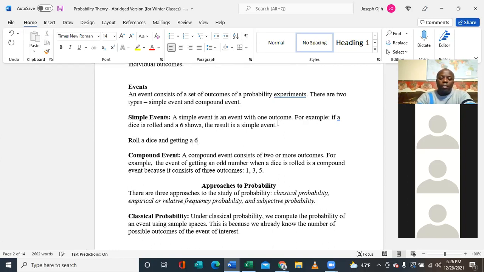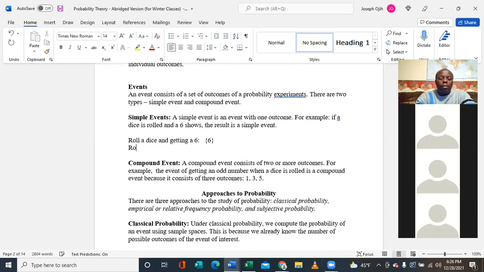So in that case, the event is getting a 6, of which the outcome will be 1. Okay, only 6. And if the event is getting a 3, or even a 1, rolling a dice and getting a 2 or a 3, whatever, doesn't matter. So it's a simple event.